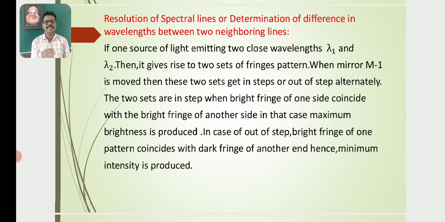When the two sets are in step, a bright fringe of one set coincides with the bright fringe of the other set, and in that case maximum brightness is produced. In case of out of step, the bright fringe of one pattern coincides with the dark fringe of the other, and hence minimum intensity is produced.